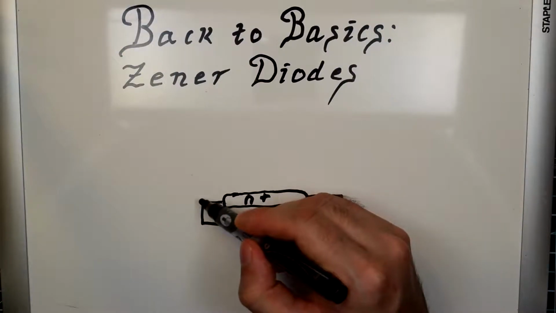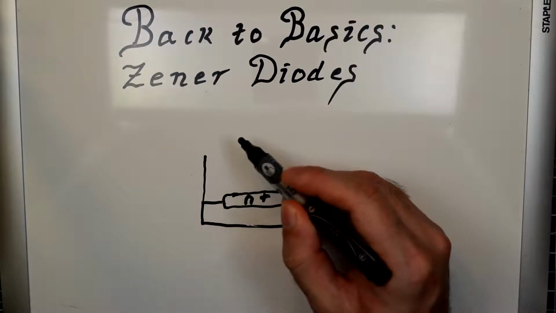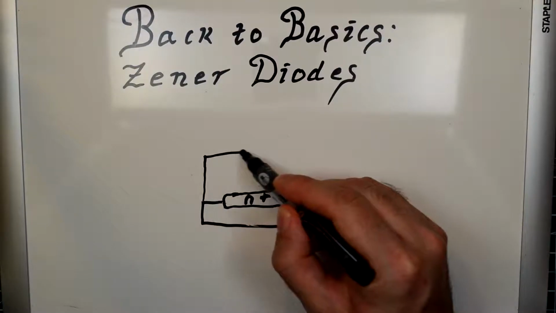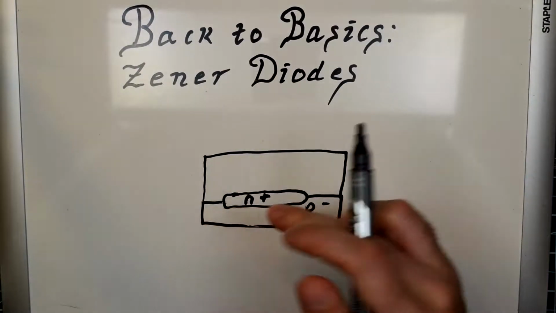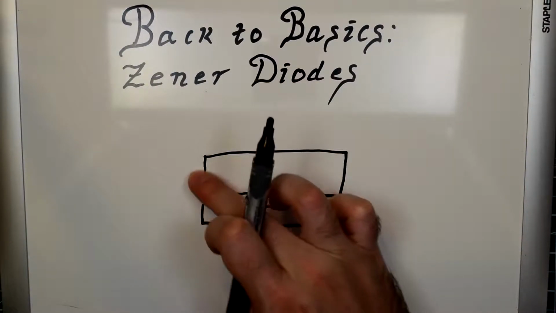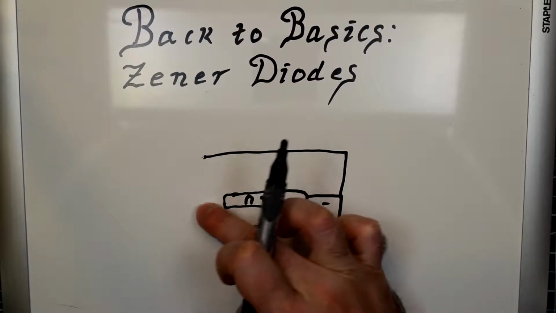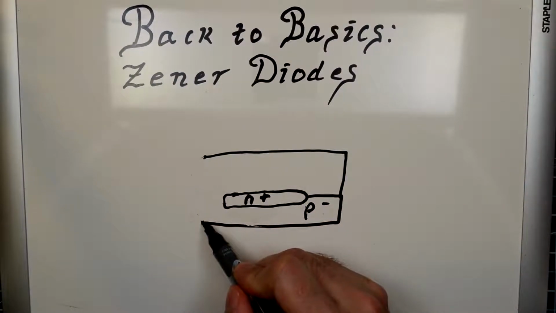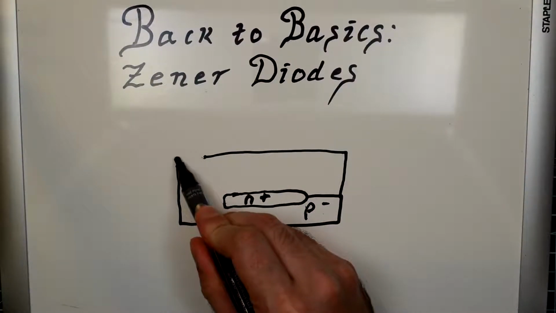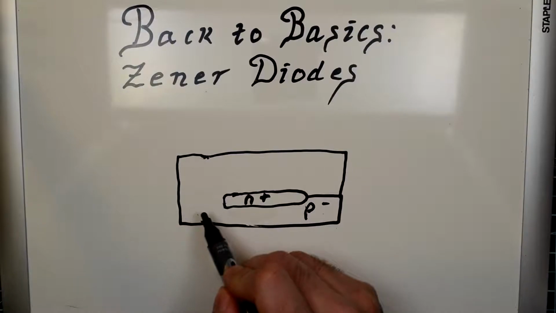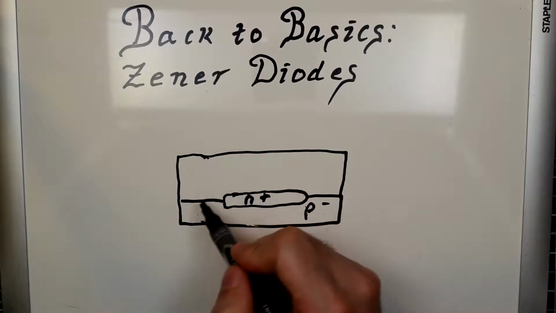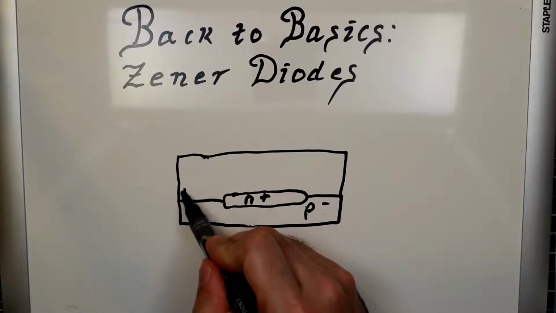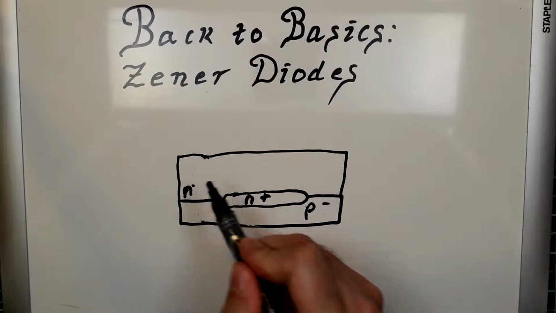And then, I'm trying to follow off of a diagram here. And I didn't quite make this big enough. Bear with me here. So we're going to bring this out just a little bit more. There we go. Alright, so this section is going to be lightly doped N material.